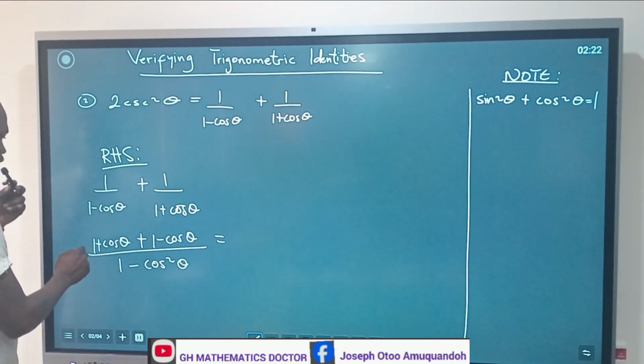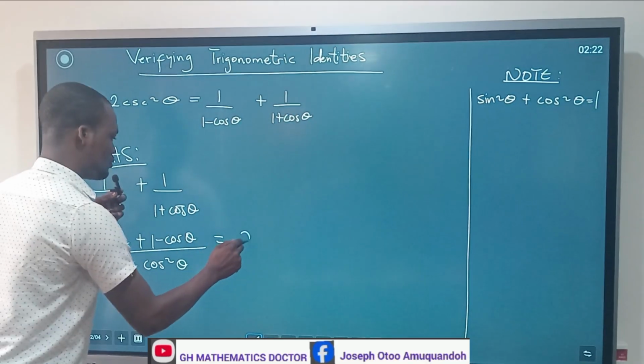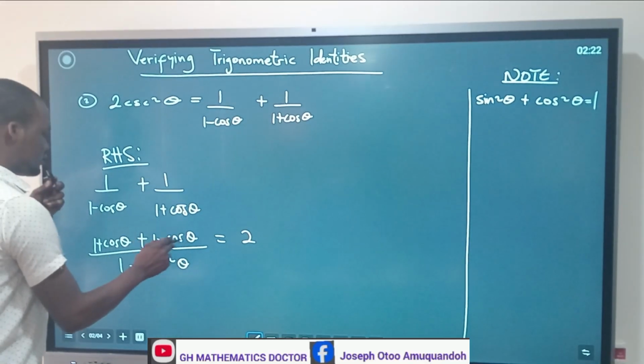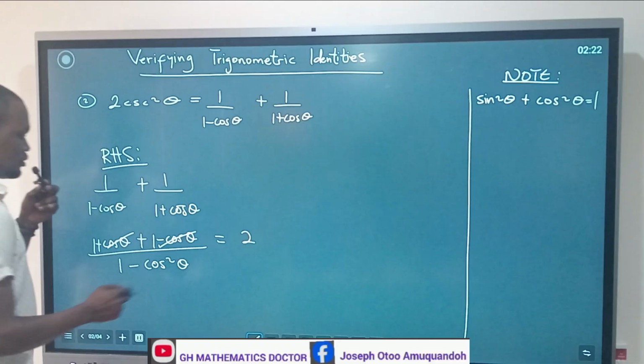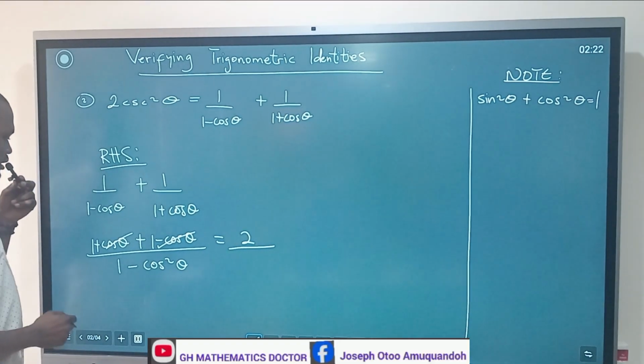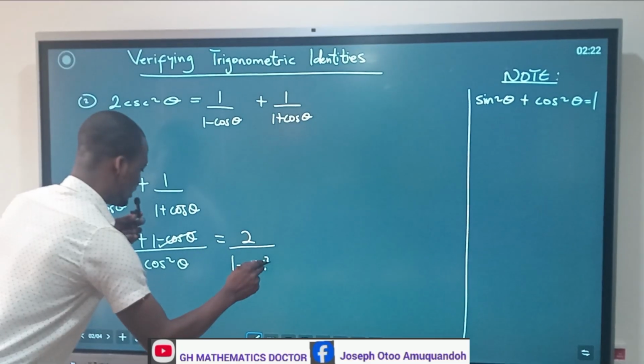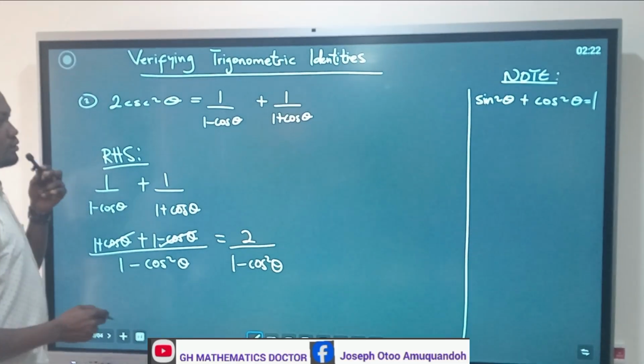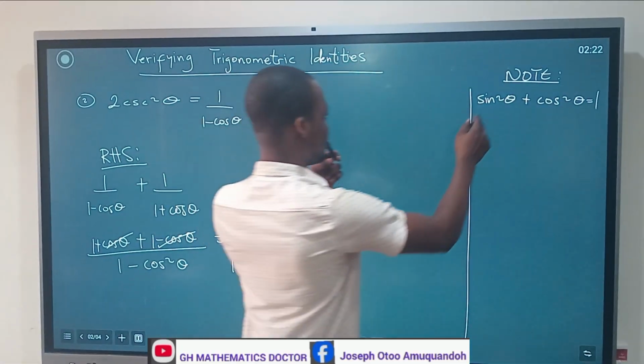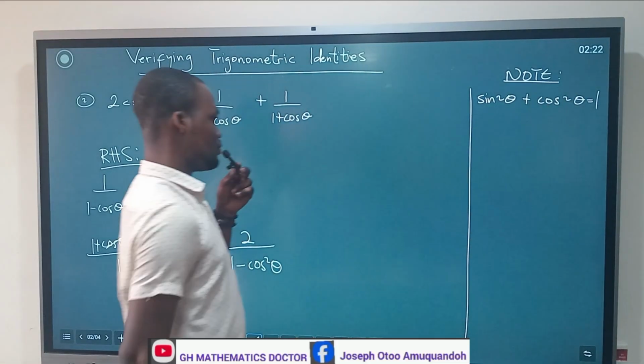Now we have 1 plus 1, that will give you 2. Cos theta minus cos theta will cancel out. So we have 2 remaining at the numerator. Then we have the denominator to be 1 minus cos square theta. Now we have the identity sine square theta plus cos square theta equal to 1.